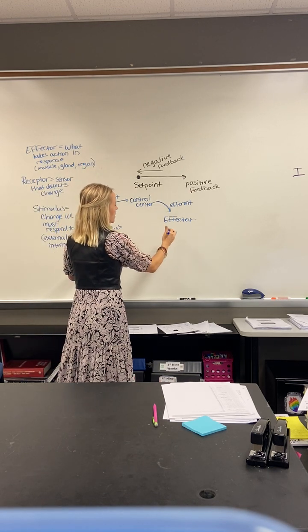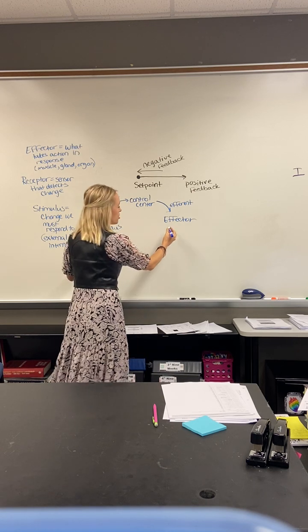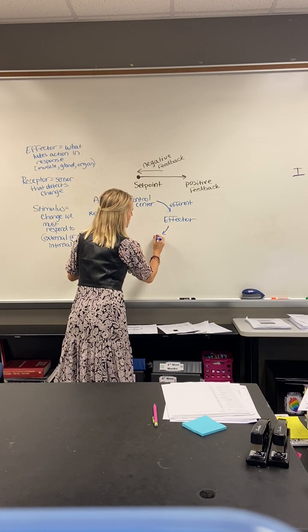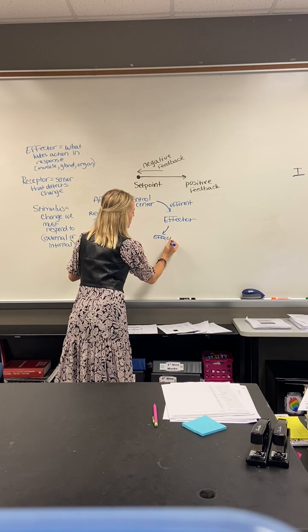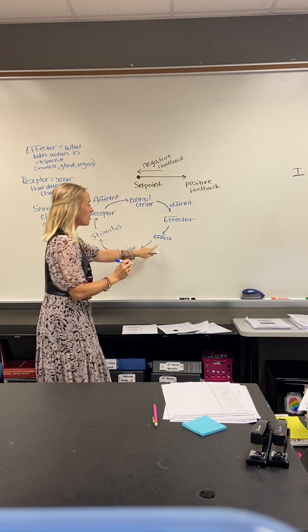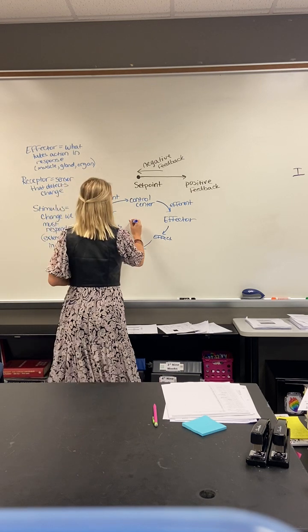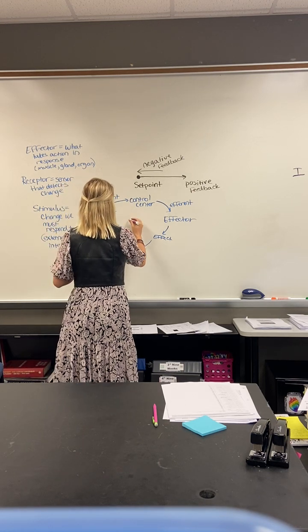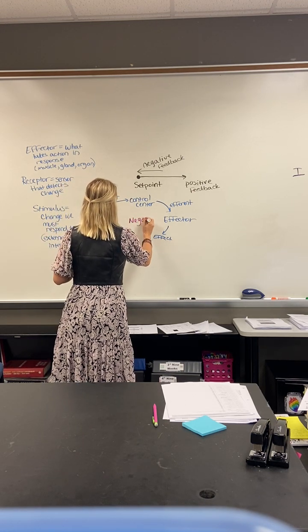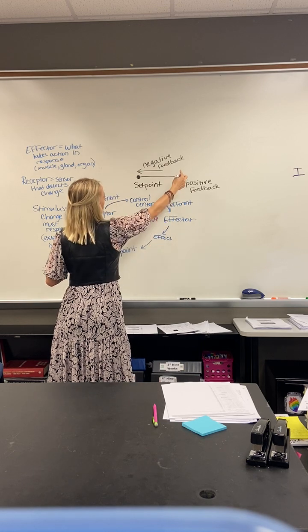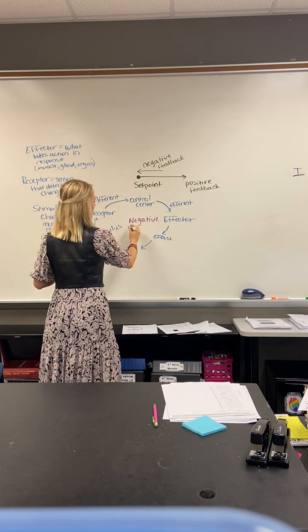The effector is then going to take the action to do some sort of effect that returns it back to set point. If it goes back to set point, that is negative feedback. So this would be negative feedback because it's returning back to set point.